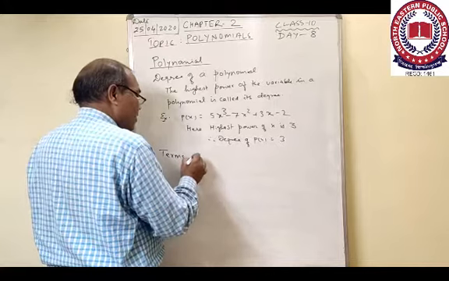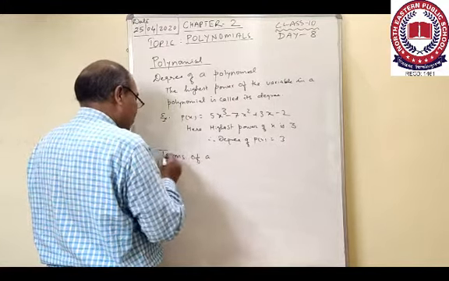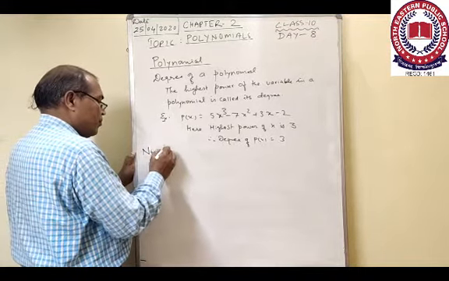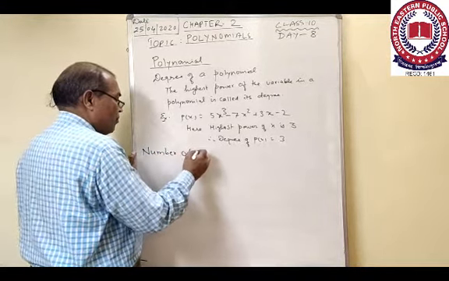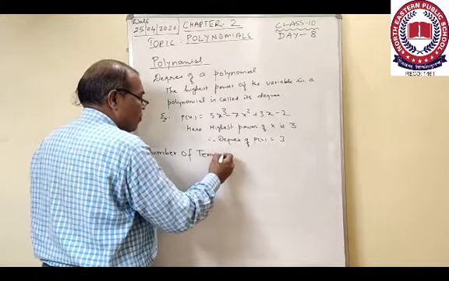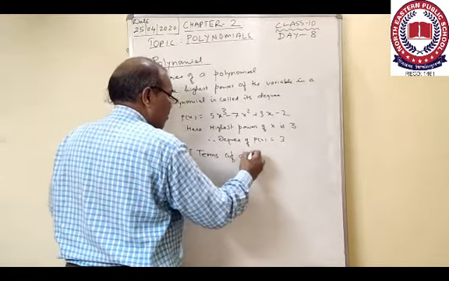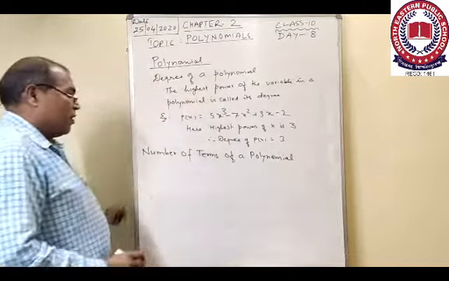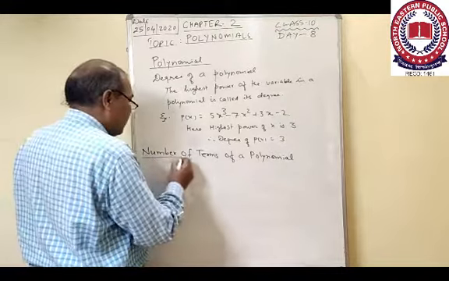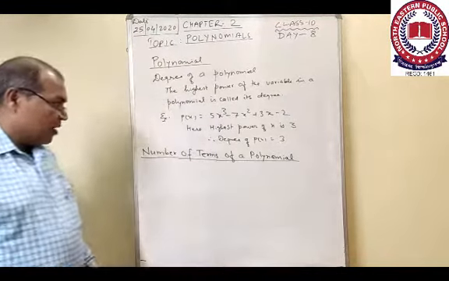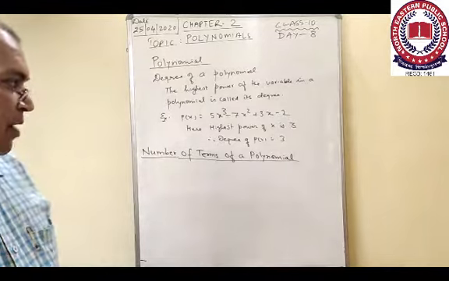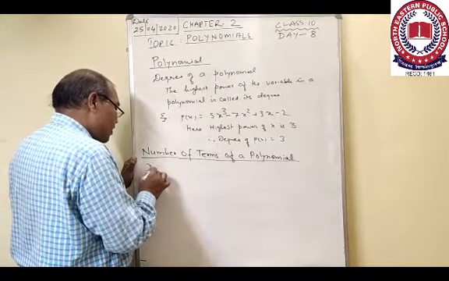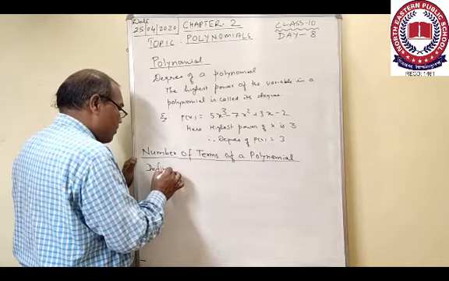Thereafter, next one, number of terms of a polynomial. How will we recognize the number of terms? How will we identify the number of terms in a polynomial? Okay, so let us define it.